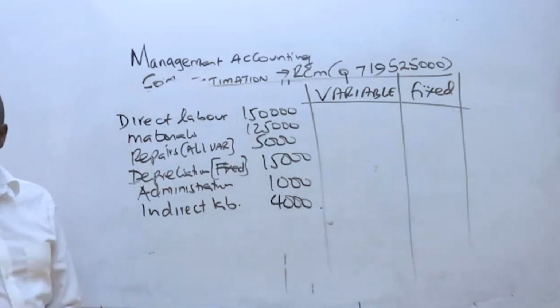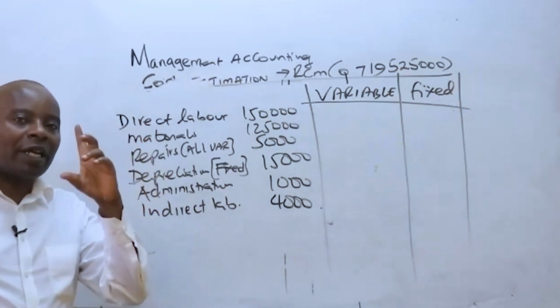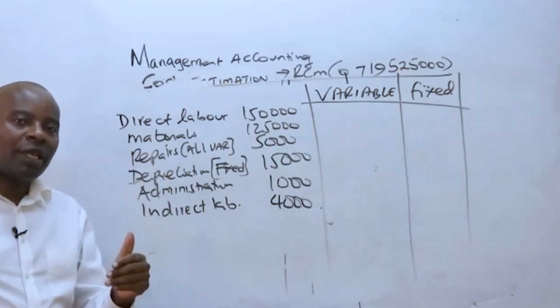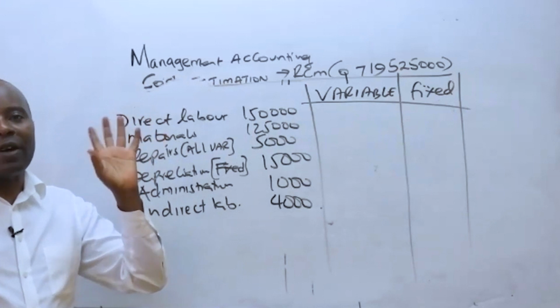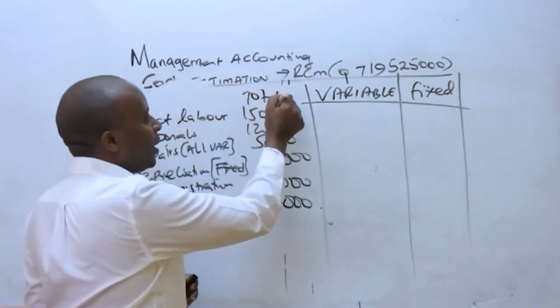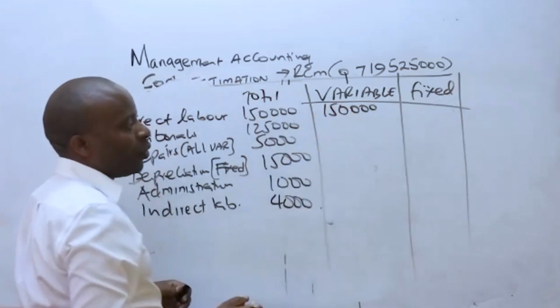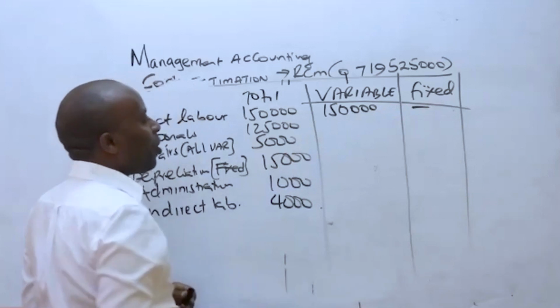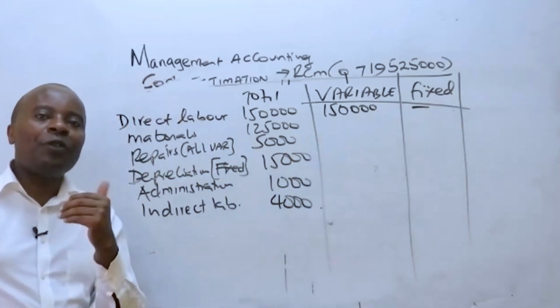So ladies and gentlemen, listen. Anytime they speak of expenses that are directly related to output, all of them become variable. So the entire total figure will be slotted under variable cost. Then we have materials, like I gave you a very good example of timber.